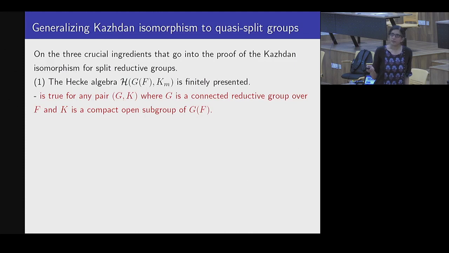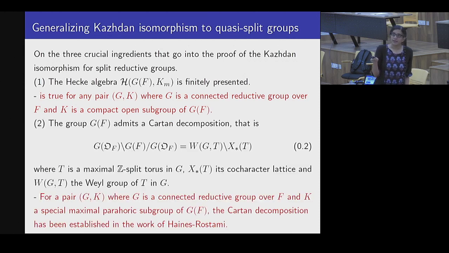Now, I will say a few words about the three ingredients in the proof of the Kazhdan isomorphism. This Hecke algebra is finitely presented as a fairly general result. As I said, it just follows by showing that this is a module of finite type over its center, and the center is a finitely generated C algebra. And for the group G of F, this Cartan decomposition that we were looking at was proved in the work of Haines and Rostami.